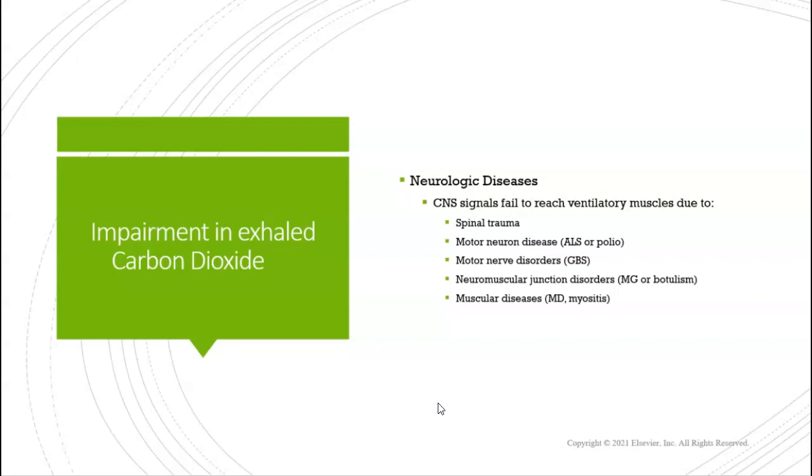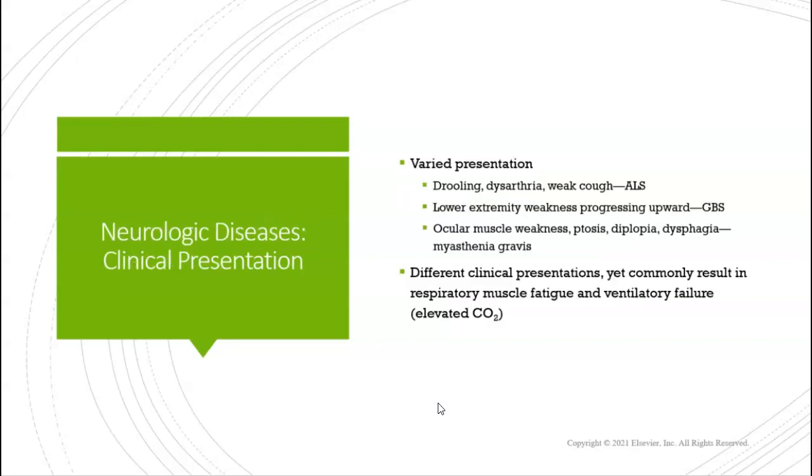You're going to have a whole chapter on neuromuscular diseases in respiratory disease, so you're going to learn a lot more about how each of these diseases affects lung function. Typically these patients present varied depending on which disorder it is.